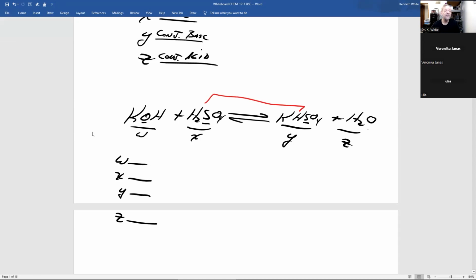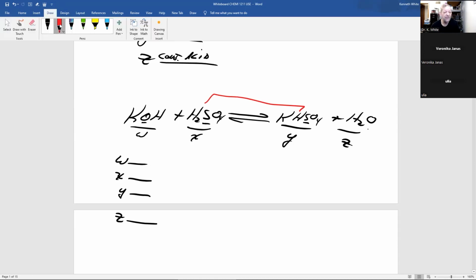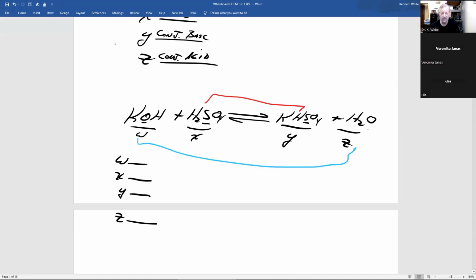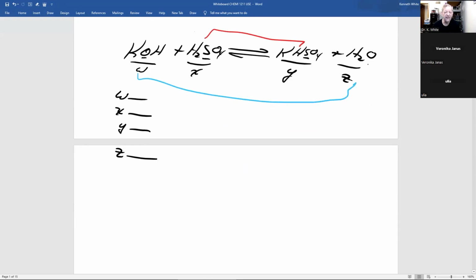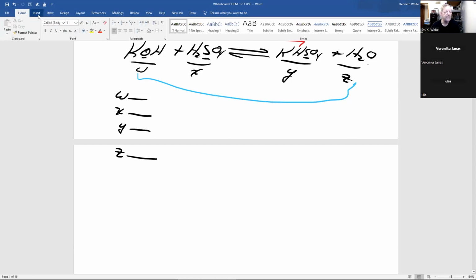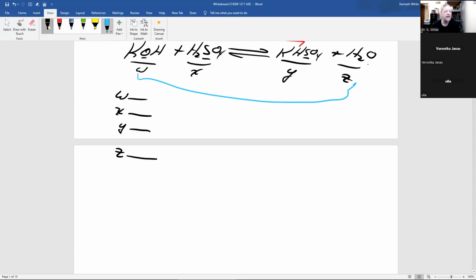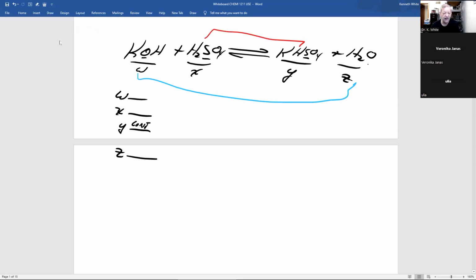And with that, that tells me KOH, its conjugate is water. Now, by definition, on the right, those are the conjugates. So I'm going to write that in.